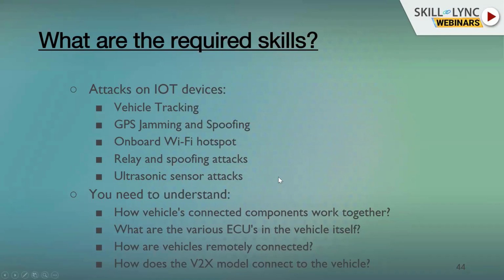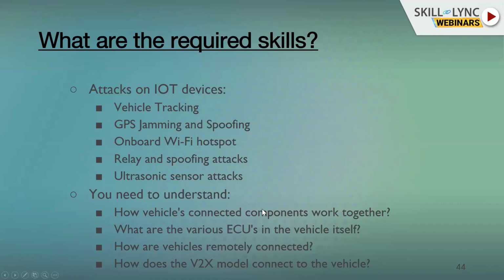Then you also need to understand how a vehicle's connected components work together. What are the various ECUs in the vehicle itself? How are the vehicles remotely connected? How does vehicle to X work? Vehicle to X covers vehicle to infrastructure and vehicle to vehicle both. So how does this model work?